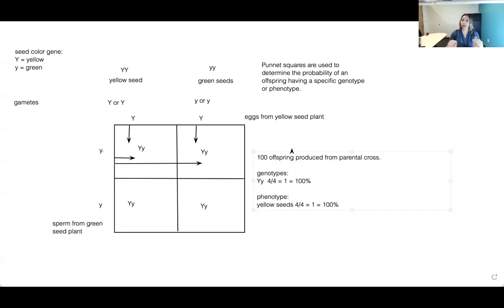So remember, I told you there were 100 offspring in the F1 generation. So 100% of those offspring have big Y, little y, and 100% of the offspring are yellow seeds. Okay? That was our F1. Now, Mendel always looked at the F2 generation.